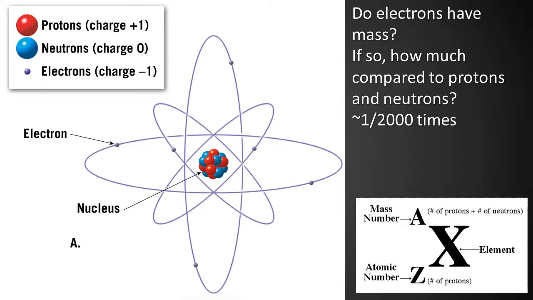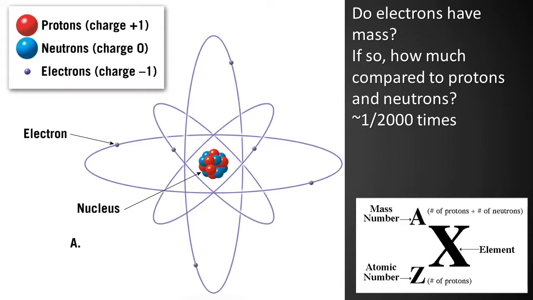The figure at the lower right-hand corner shows one way of displaying an element, or atom. There are three main parts of this configuration. X, the element symbol. A, the atomic mass number, which is the number of protons plus the number of neutrons. Z is the atomic number, or the number of protons.